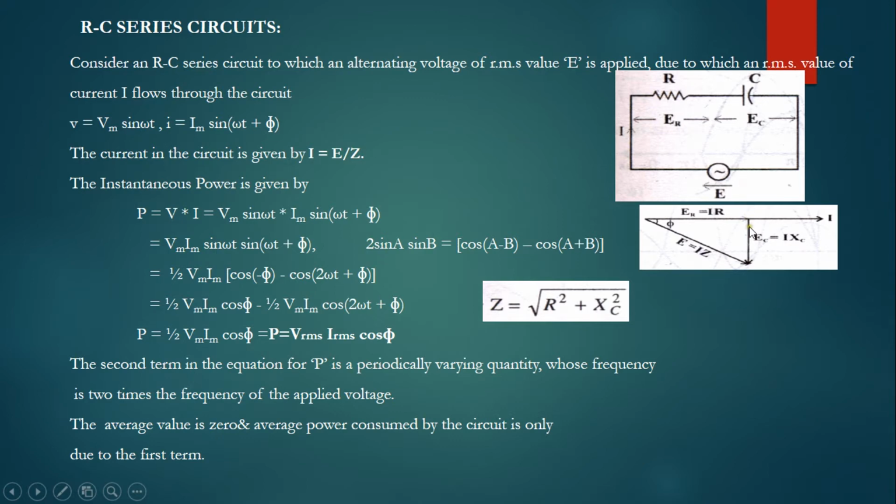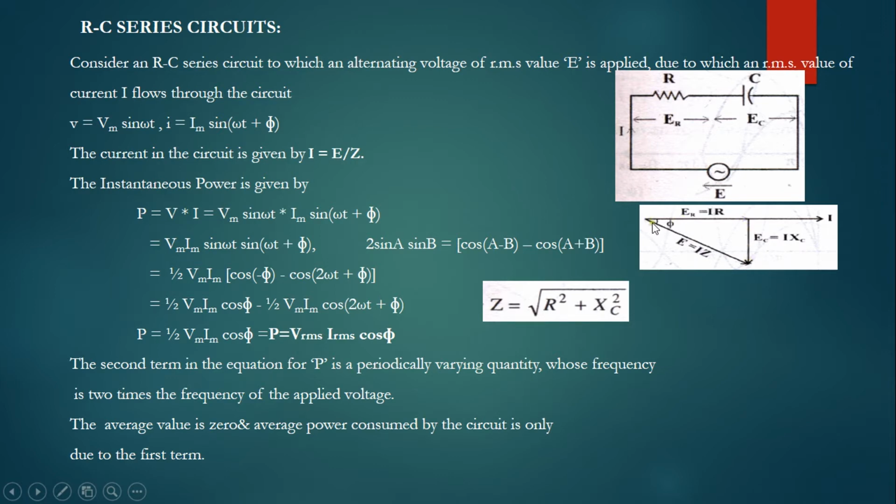Here the current leads the voltage, so this voltage vector diagram has to come down, so that the resultant voltage E is equal to I into Z. See the angle: phi is the power factor angle. The current leads the resultant voltage E by an angle phi. This is the voltage drop across the resistance, and this is the voltage drop across the capacitance.